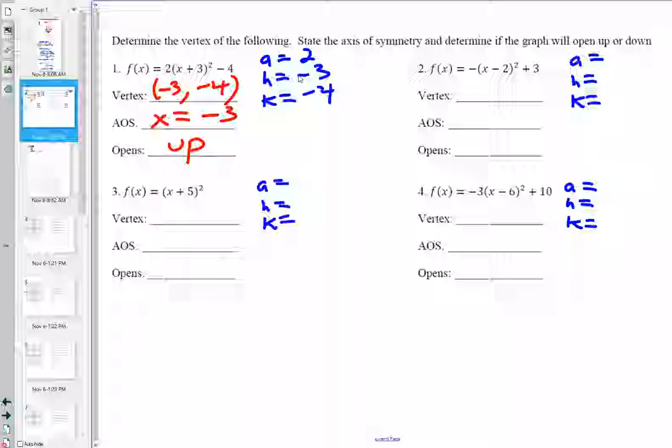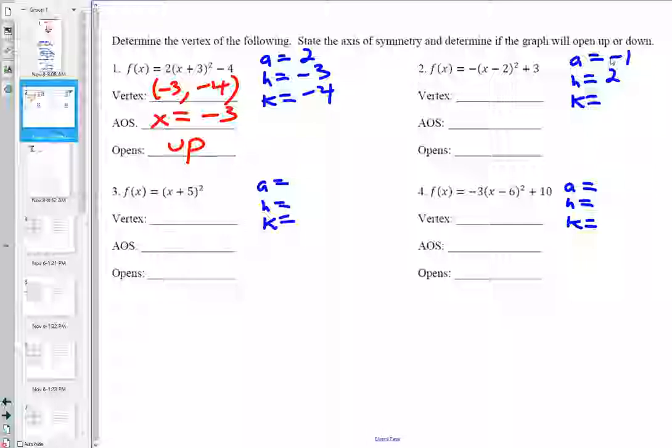Let's go to the next one. What's A here? -1. Good. There's a negative in front of the parentheses. -1. What's H? +2. And what's K? What do you think, Jamin?